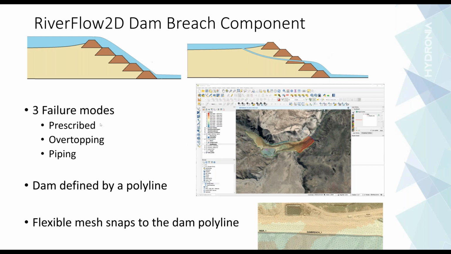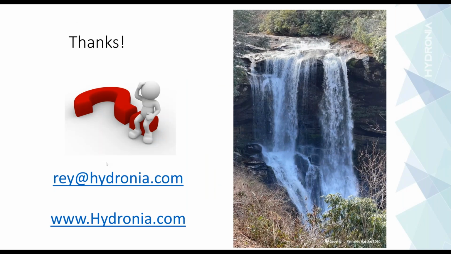But you can also model it dynamically by using the overtopping or piping modes. In this way, the model can actually model the erosion of the dam and how that erosion will create a discharge hydrograph through the dam. That's something that the model can do as well.